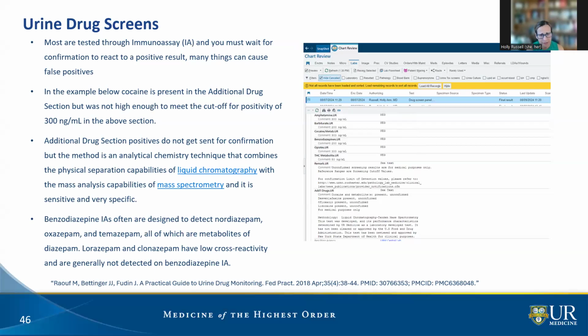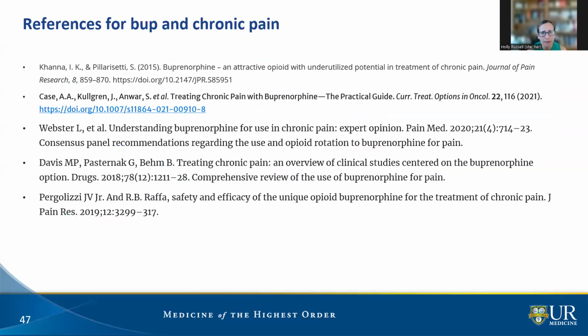And then an important reminder, because this is something that gets confused, is that the benzodiazepine immunoassays are often designed to detect nordiazepam, oxazepam, and temazepam, all of which are metabolites of diazepam. However, it often misses lorazepam and clonazepam, which have low cross-reactivity and are generally not detected on benzodiazepine immunoassays. So that can cause some consternation between patients and clinicians when they don't see what they think they're going to see. So that is essentially the summary.